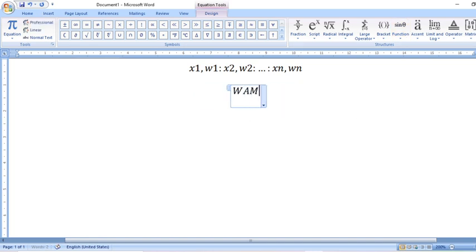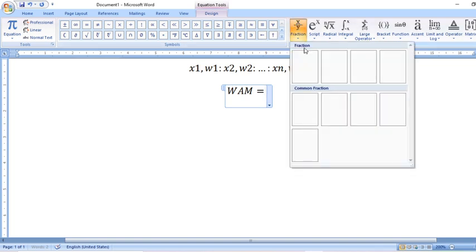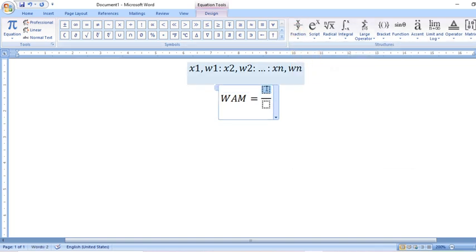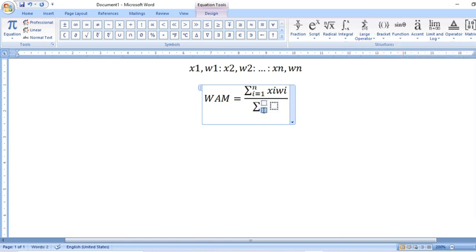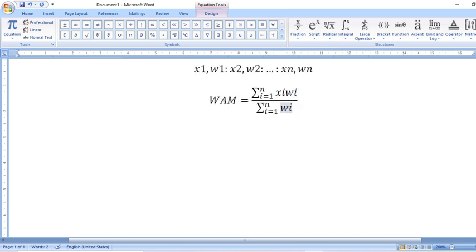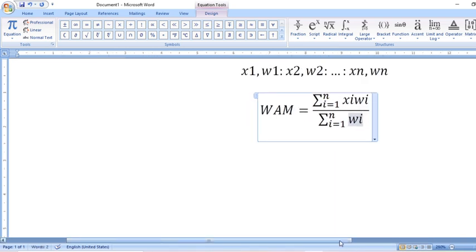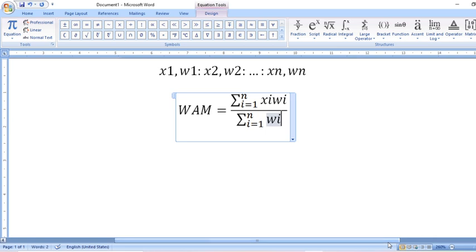Weighted arithmetic mean equals the summation of i going from 1 to n of xi wi, divided by the summation of i going from 1 to n of wi. This is the formula for computing the weighted arithmetic mean.